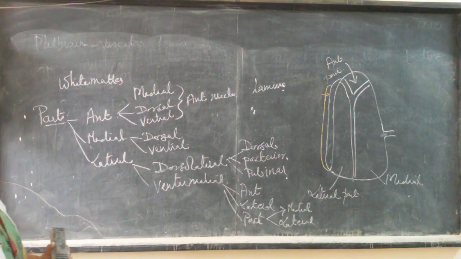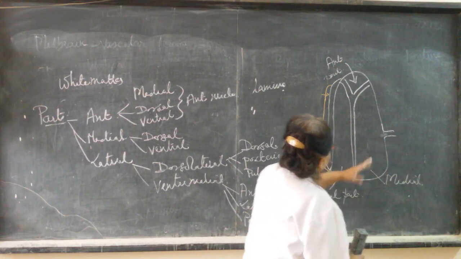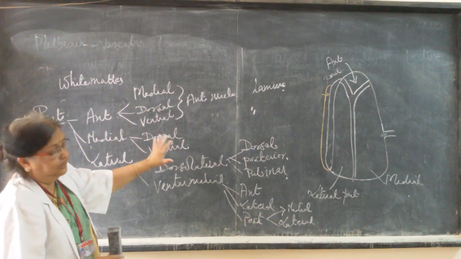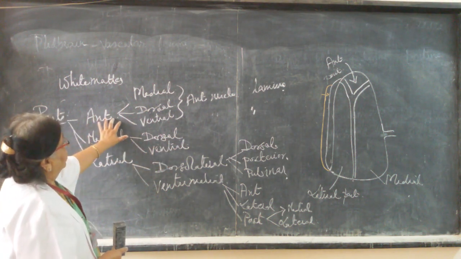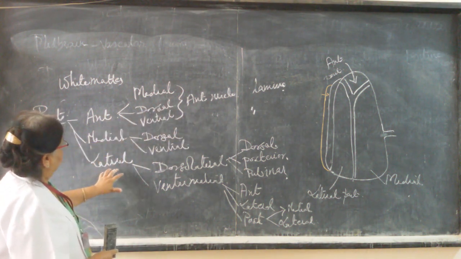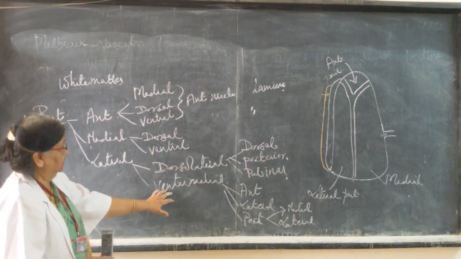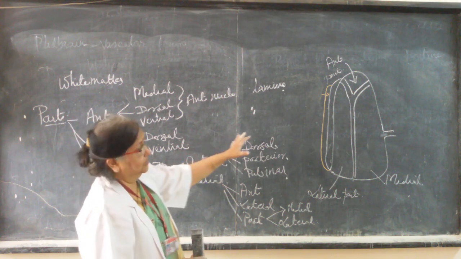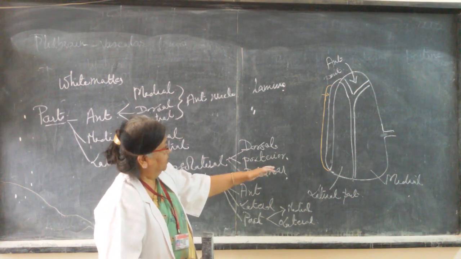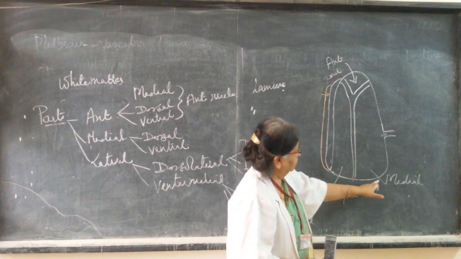Therefore, this is the medial part. The medial part is divided into two groups, dorsal and ventral, according to their position. The anterior part has three sets, but they are collectively known as the anterior group of nuclei. And the lateral part is subdivided into dorsolateral and ventromedial parts. The dorsolateral part, according to their position, is subdivided into dorsal, posterior, and pulvinar. Pulvinar is this part, the expanded posterior part of the thalamus.